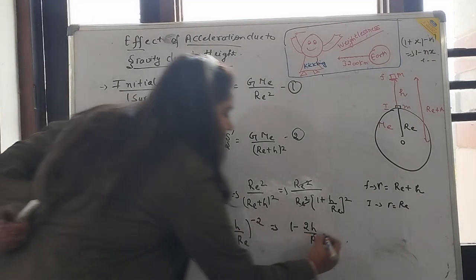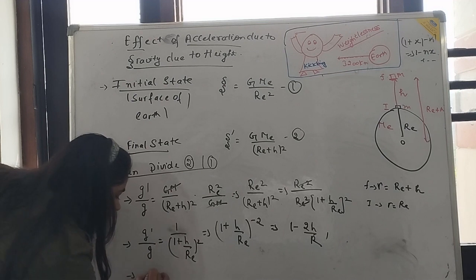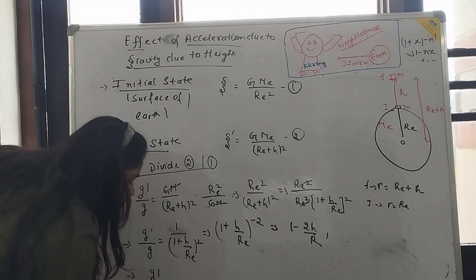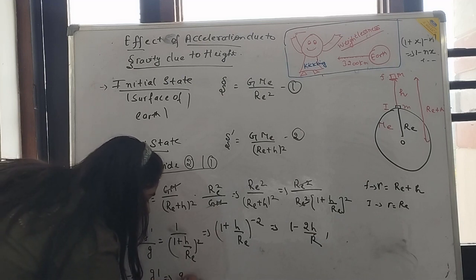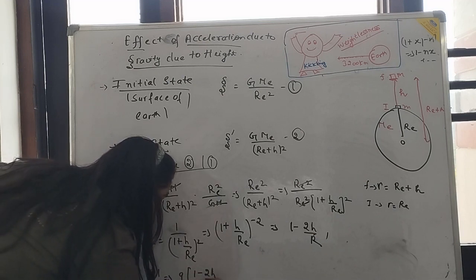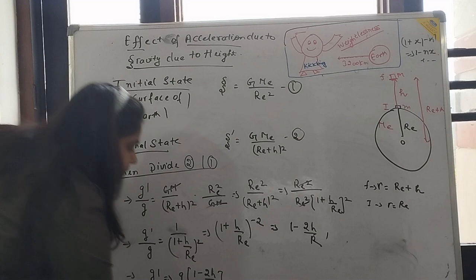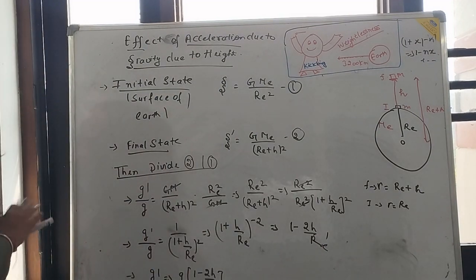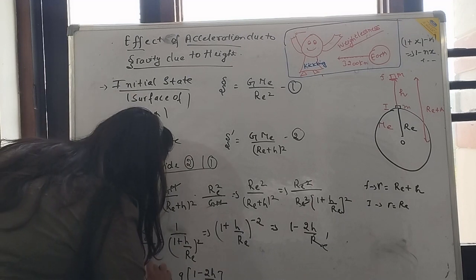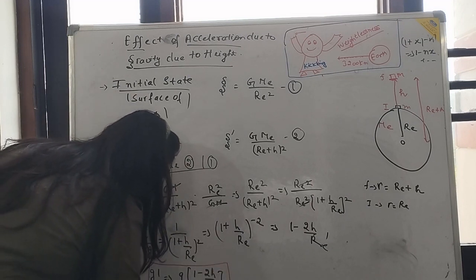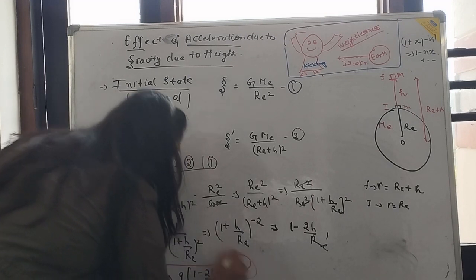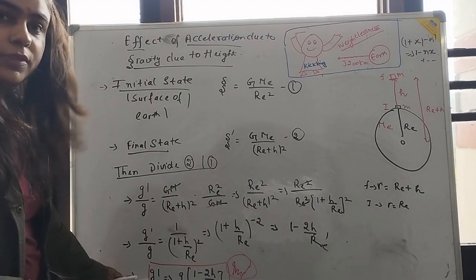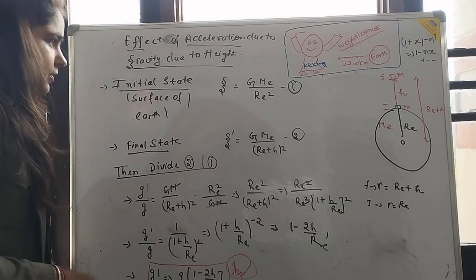Then we get g prime is equal to g (1 minus 2h upon RE). This is a very important formula used to be asked in the exam. This is the effect. Now, how to study this effect? Write down this formula, then I am going to discuss.